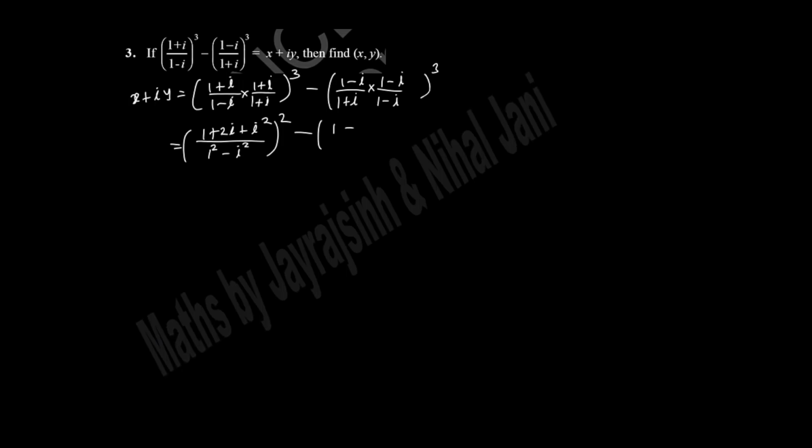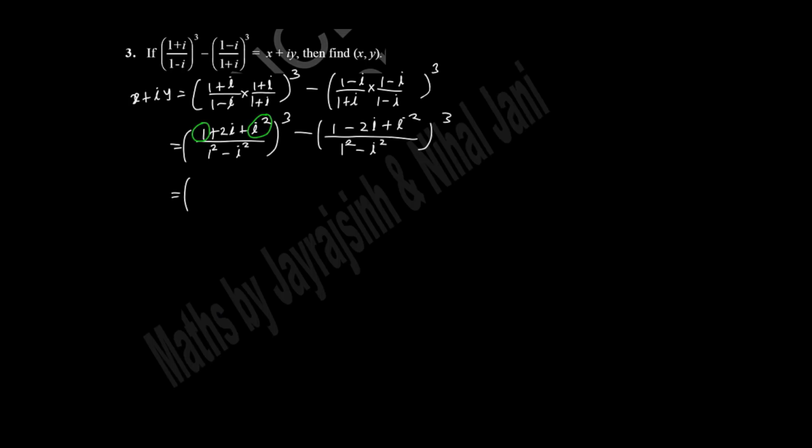So in the numerator we'll get (1 minus i) the whole square, so that will be 1 square minus 2i plus i square. Very good. And in the denominator, the whole cube.